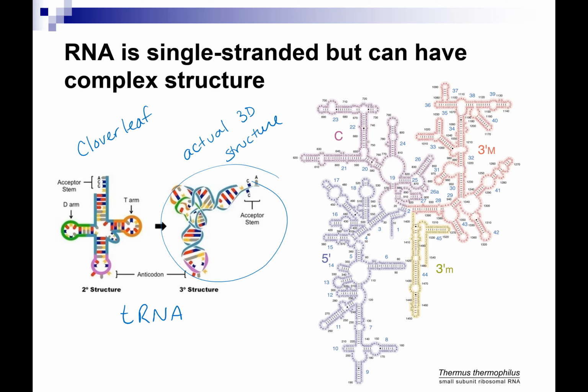And so tRNAs are super important in translation, making proteins by reading mRNA. This beautiful guy over here is ribosomal RNA from bacteria. This is a single strand of RNA.